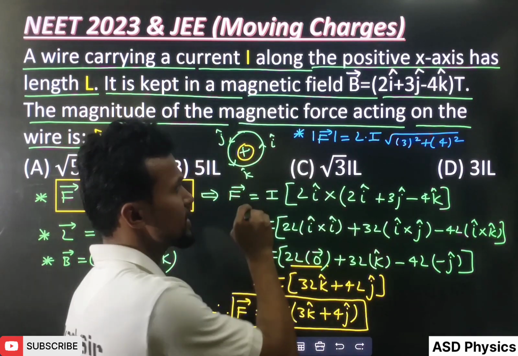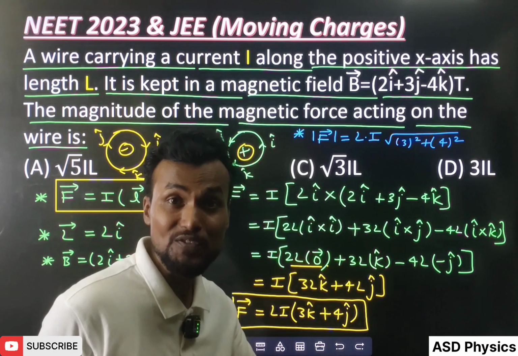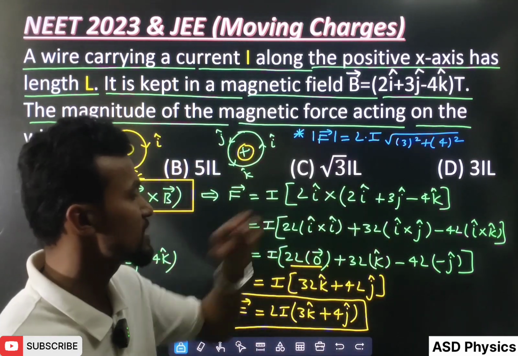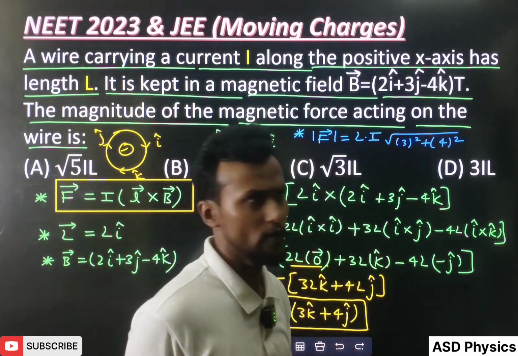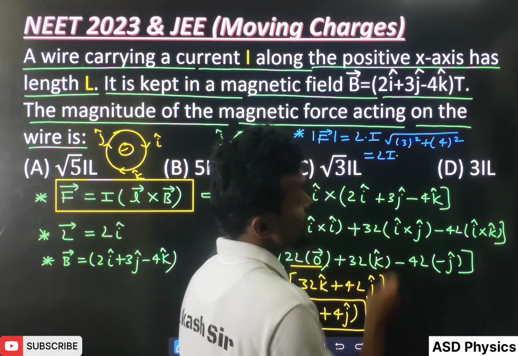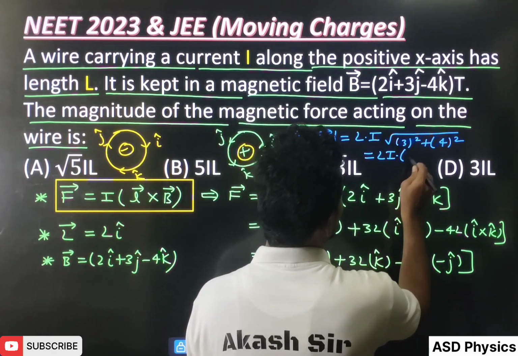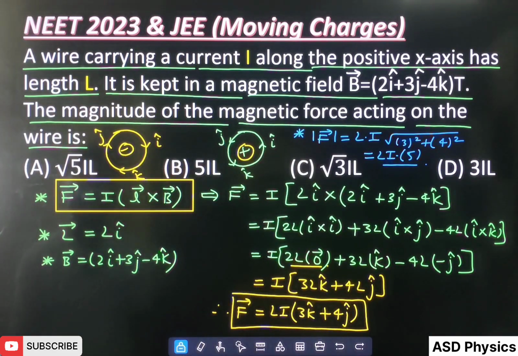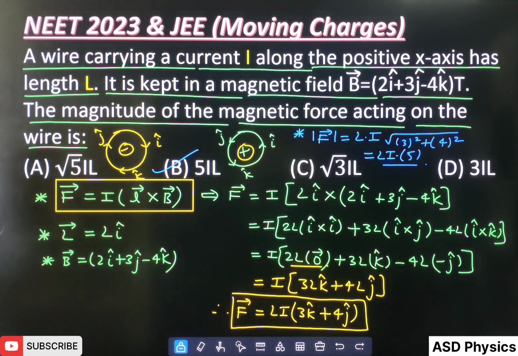The basic formula is the square root of the coefficient of i cap squared plus j cap squared plus k cap squared, but here i cap is missing, so we only write the k cap and j cap coefficients. Then L into I, 3 squared plus 4 squared is 9 plus 16, which is 25, square root of 25 is 5. So it is coming as L I into 5. You can see it here, 5 I L.